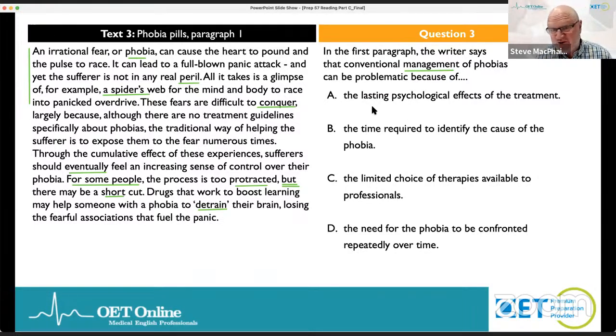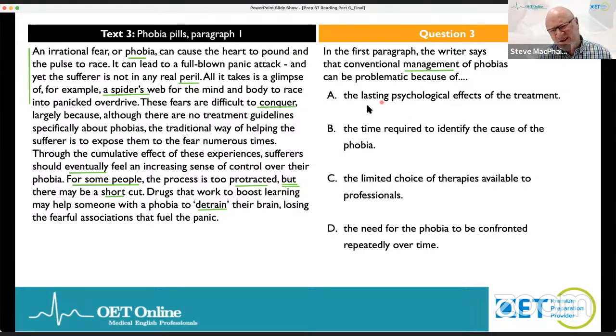So that matches cumulative effect, but it says effects of the treatment. Well, that's correct. The experiences is the traditional way of helping a sufferer is to expose them to fear numerous times. Okay, does this match?